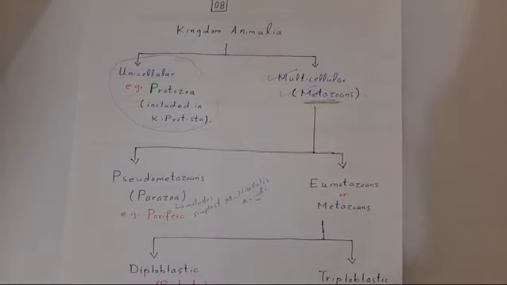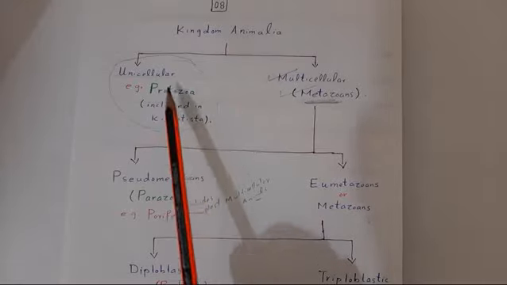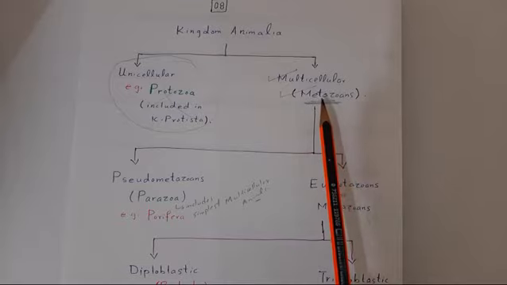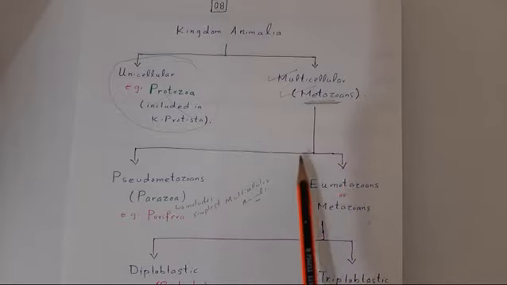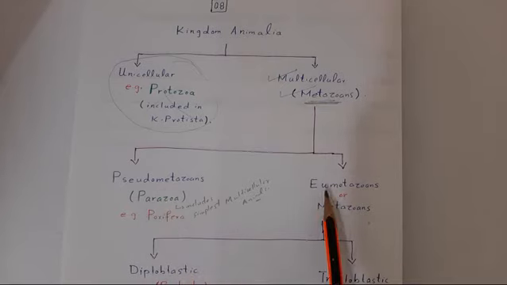Because the unicellular animals, the protozoa, are now included in kingdom Protista, and we now don't study the protozoa in kingdom Animalia. These metazoans or multicellular animals are divided further into two groups, that is pseudometazoans or parazoa and eumetazoans or simply metazoans.